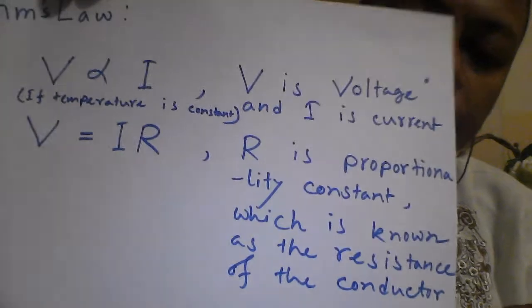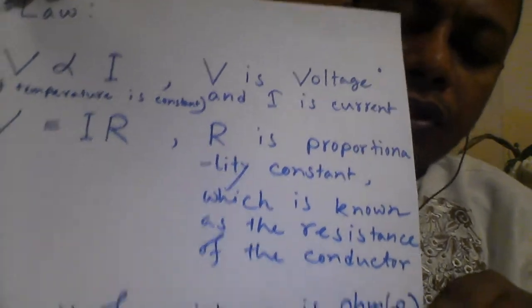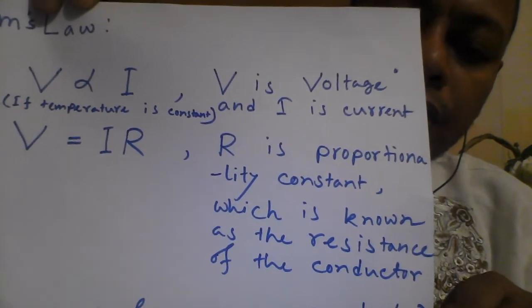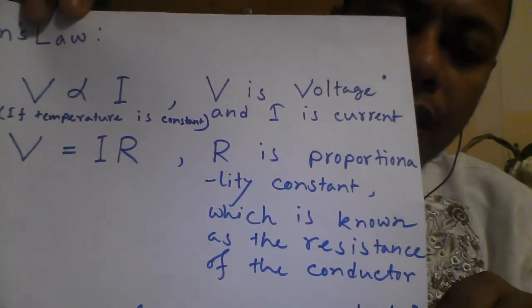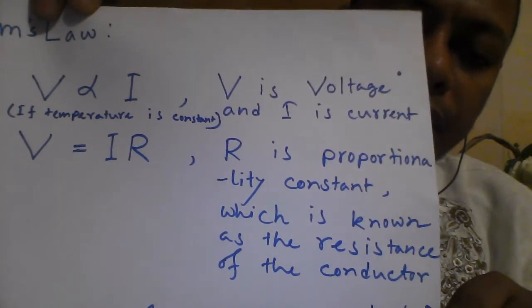You know, here if you don't use any resistor here, then it will show the resistance of the wire. We can also add resistor to understand the law.